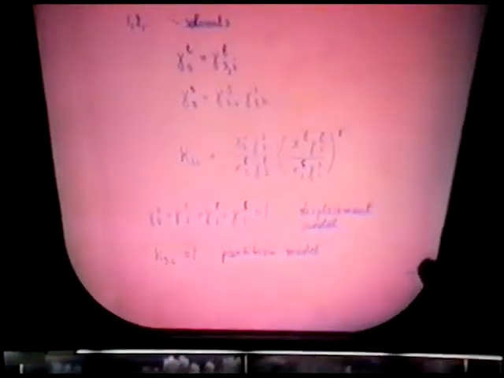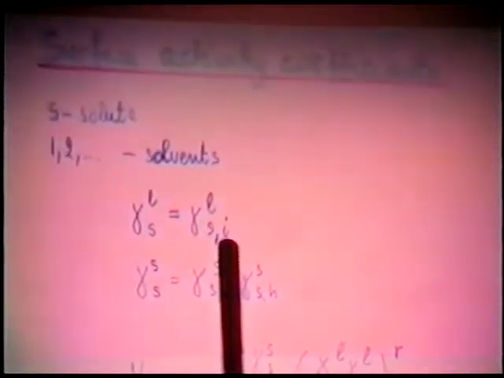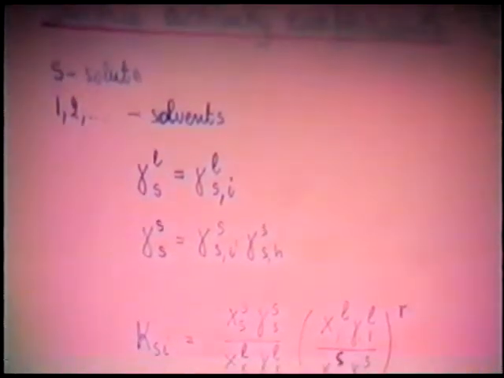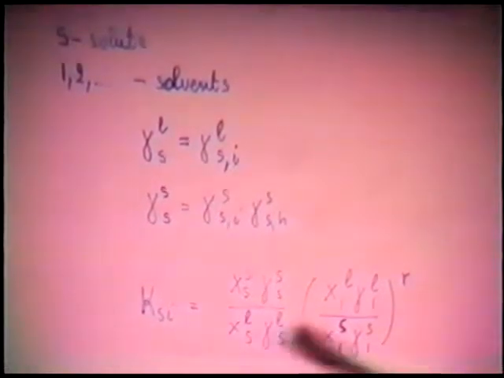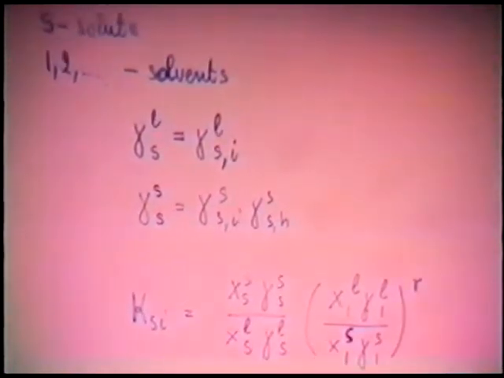Another approach is to use the conception of activity coefficients. In this case, we assume that the activity coefficient in the bulk phase, of course, is dependent only on interaction between molecules.